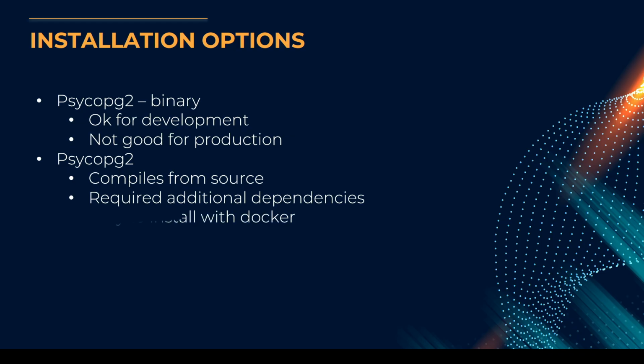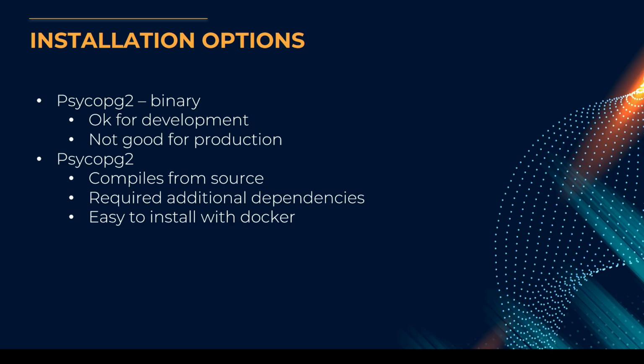Installing psycopg2 without the binary option is actually quite easy to do with Docker once you understand how it works. Since we are using Docker, package installations are consistent across all environments.